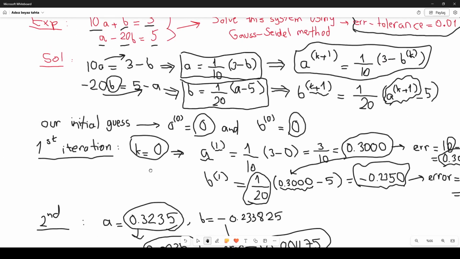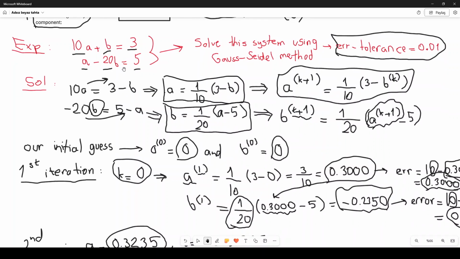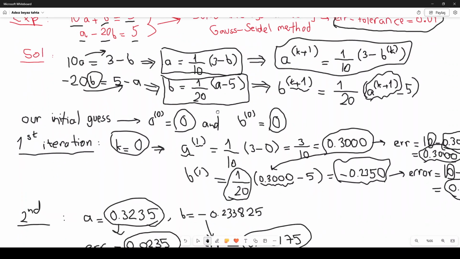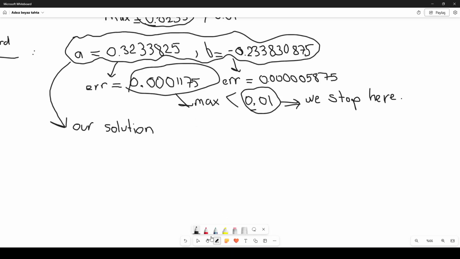And one thing, if we want to solve this equation, what we need to do is just multiply, for instance, the second equation by -10, and then find the solutions for each unknown variable. Then we have the exact solution here. So this is our exact solution.